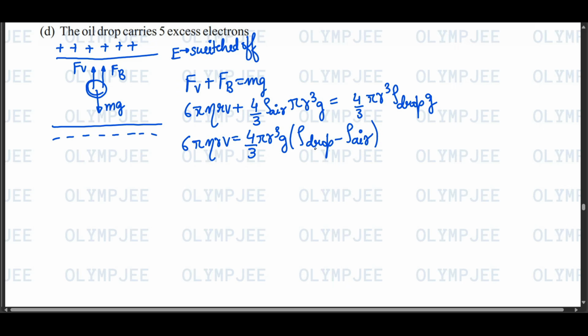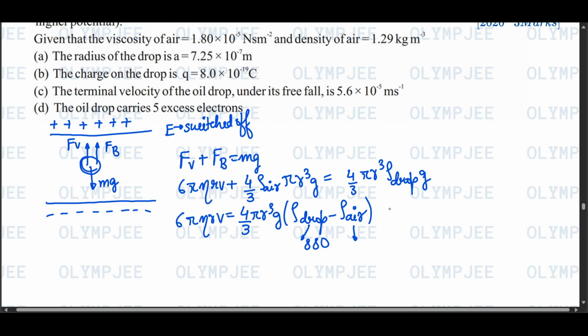So here this is 880 and this is around, it is given as 1.29. So since 880 is very big compared to 1.29, we can ignore the buoyant force due to air.